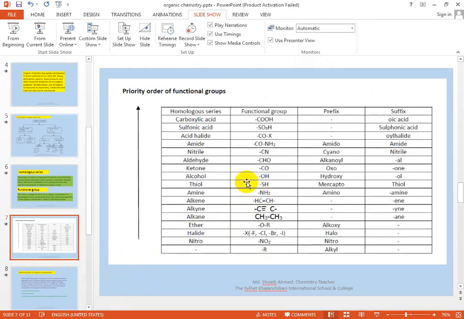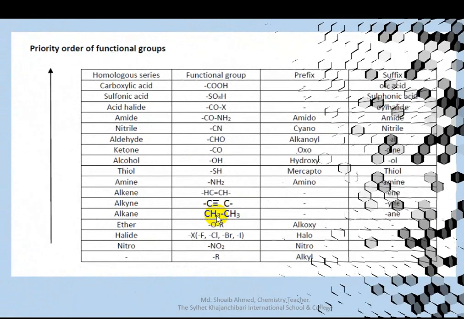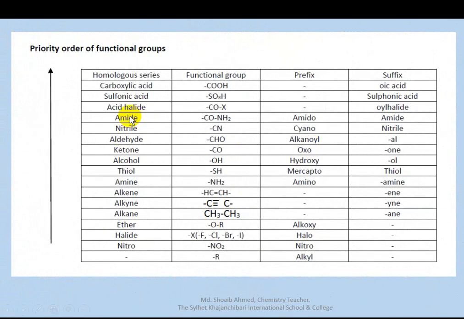Okay, this question is very important for objective questions. What is the functional group of amide? Amide functional group is CONH2. Nitrile: CN. Aldehyde: CHO.